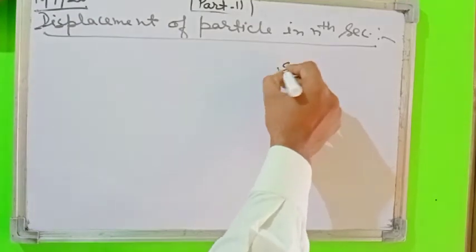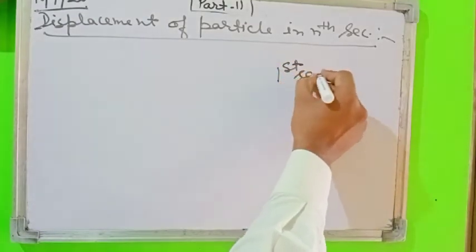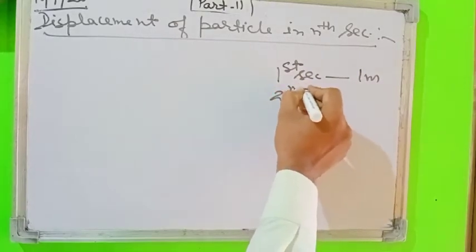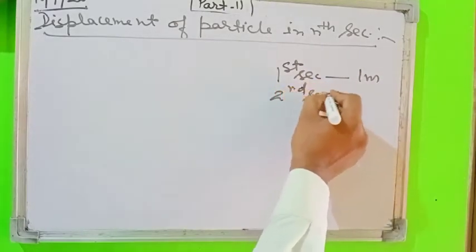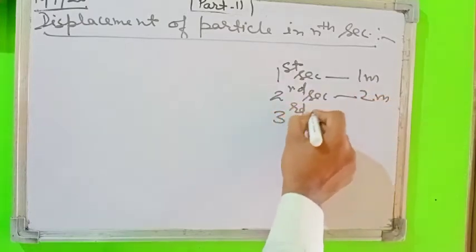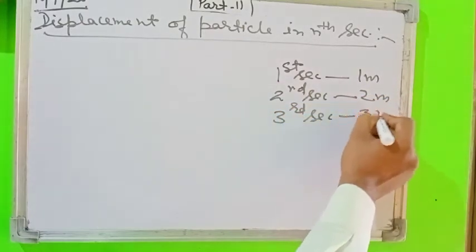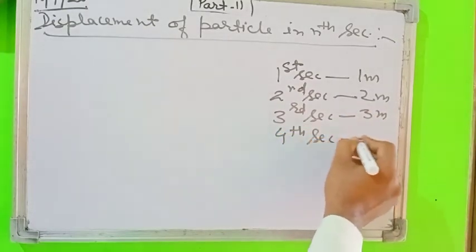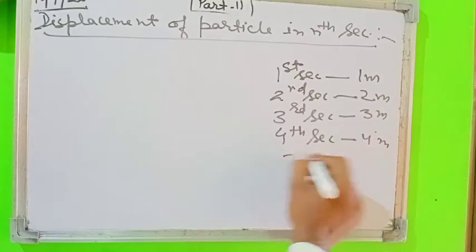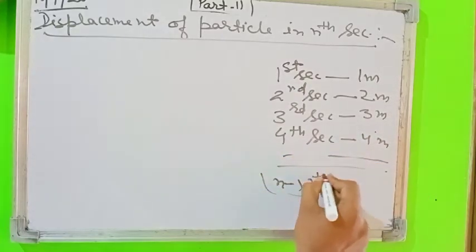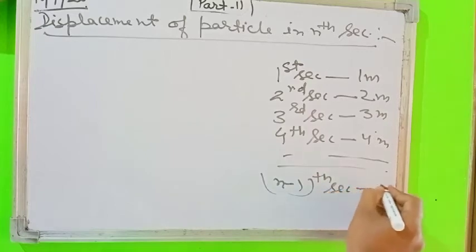Let us understand. In the first second, suppose the particle had traveled 1 meter. In the second second, 2 meter. In the third second, 3 meter. In the fourth second, 4 meter. Up to the n minus 1th second, n minus 1 meter.